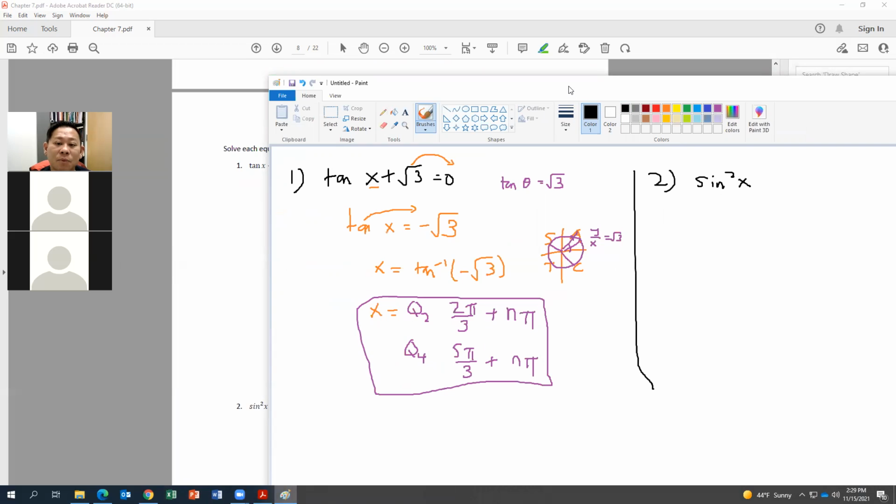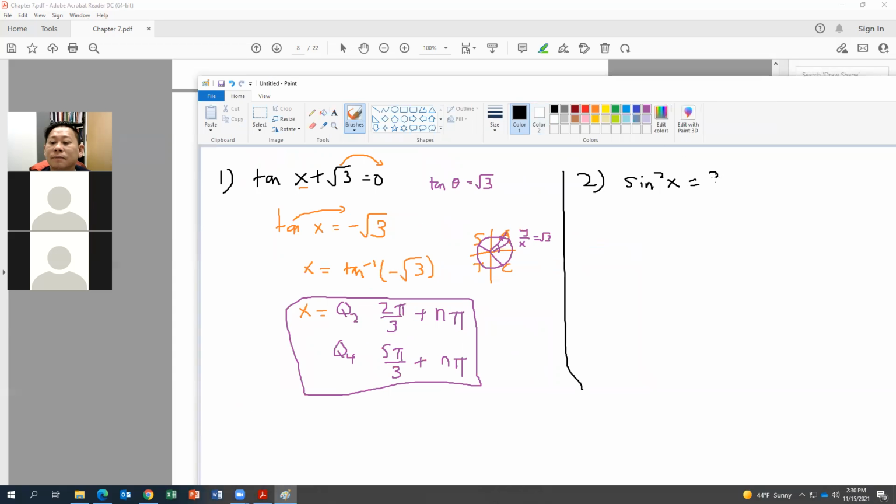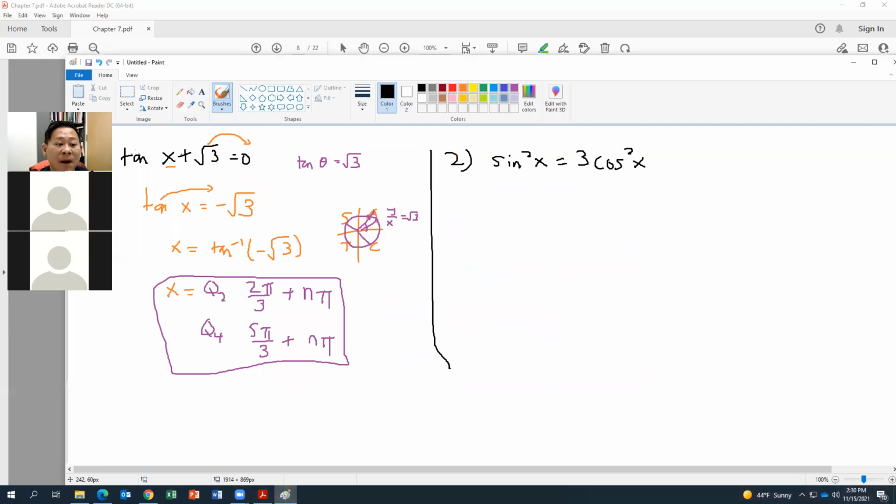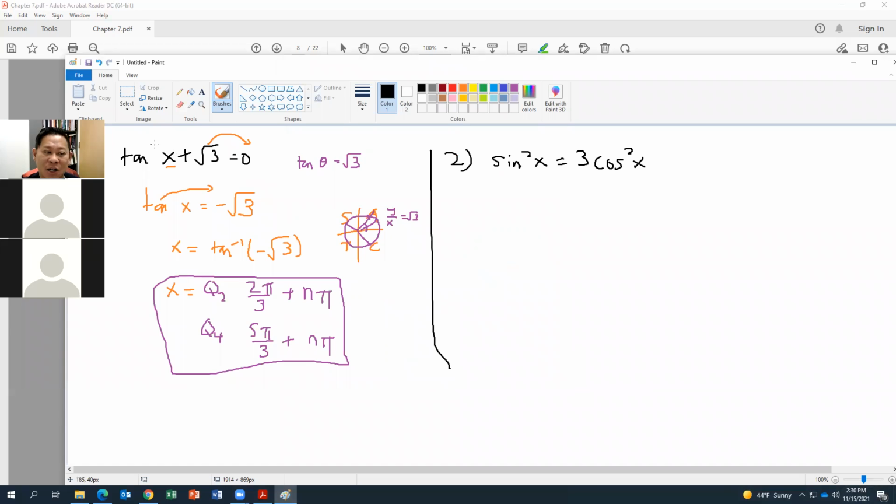Okay, next we will have sine square x equals 3 cosine square x. Now, usually when you solve this kind of equation, we want you in one trigonometric form. That means everything in tangent, everything in sine, everything in cosine.